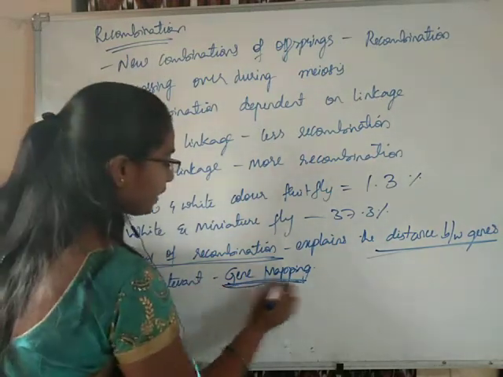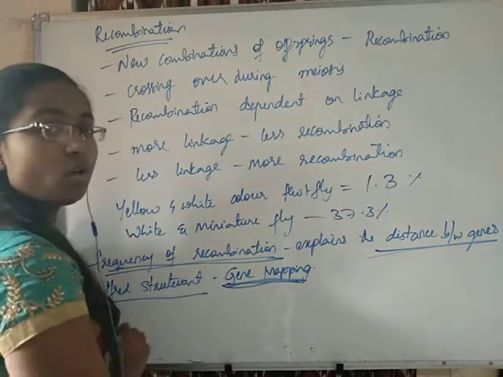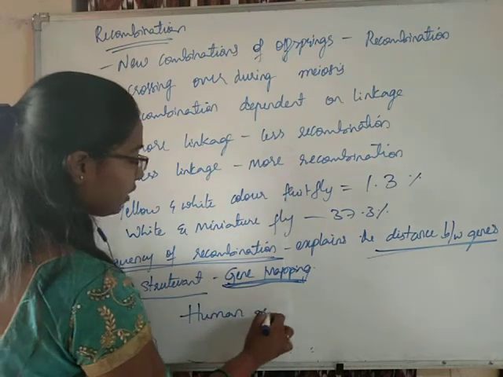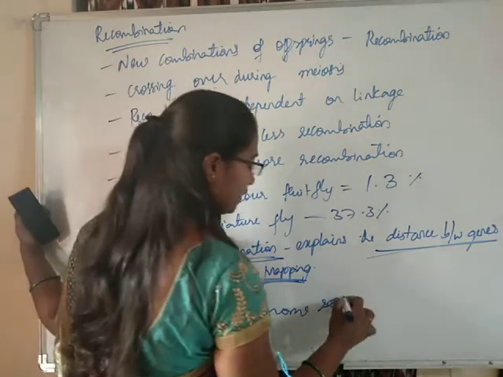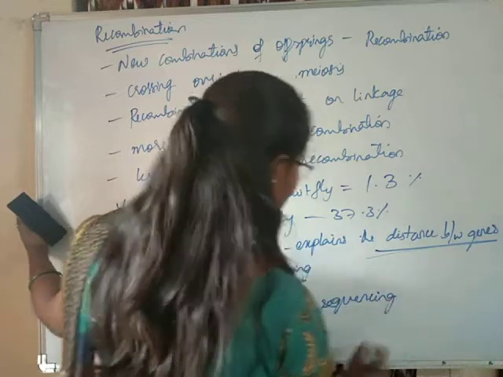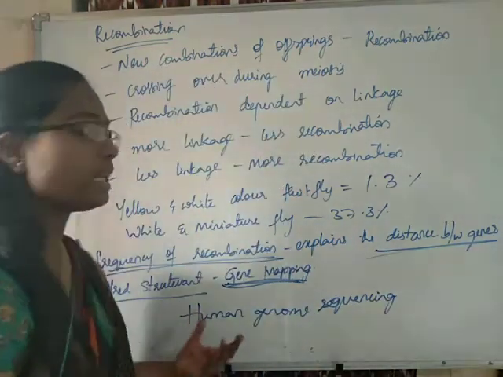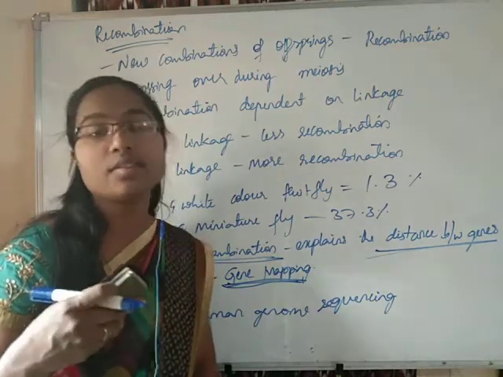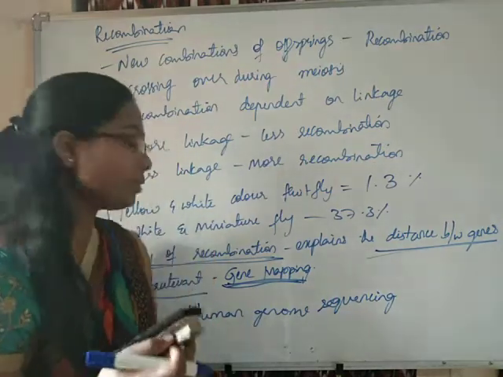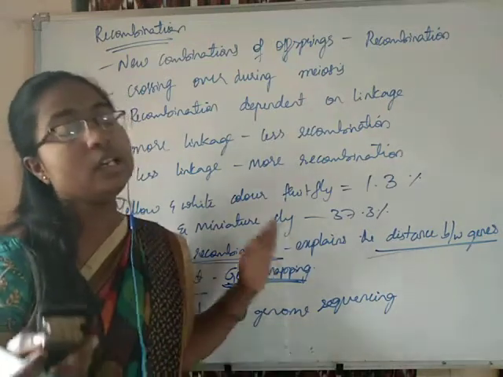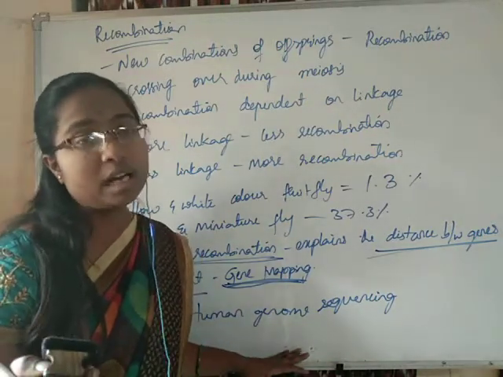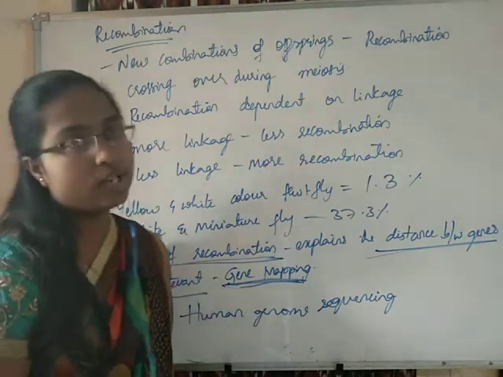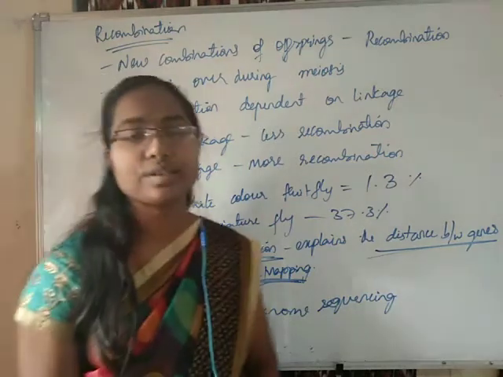And this gene mapping technique was very helpful in human genome sequencing, that means in identifying the sequence of genes in the human DNA, and even the different parts of the human genome.